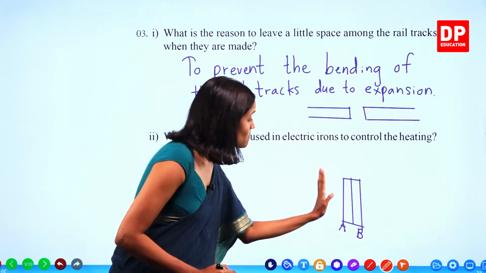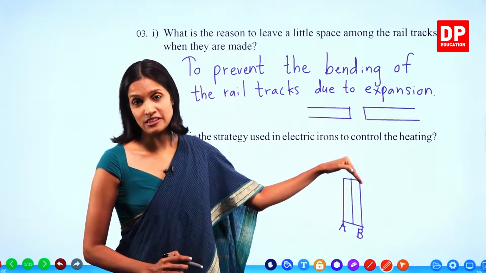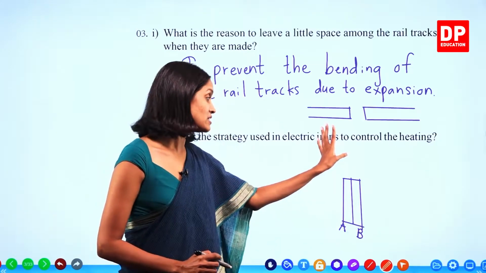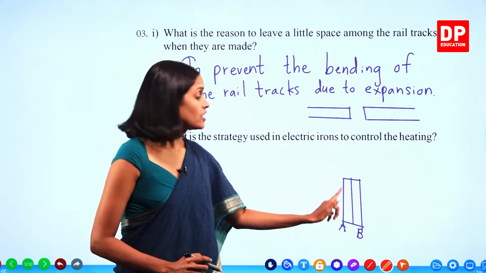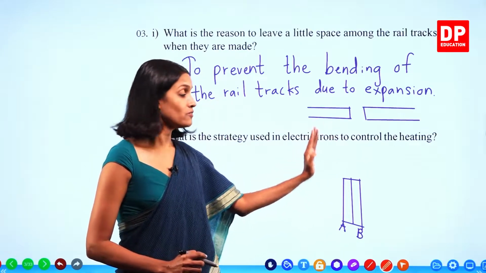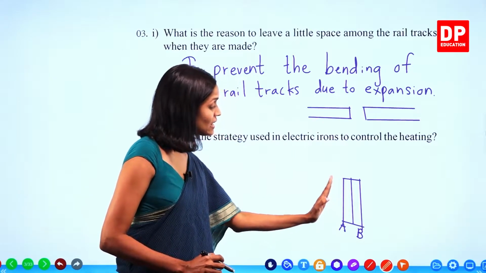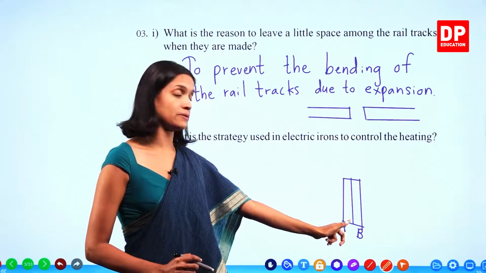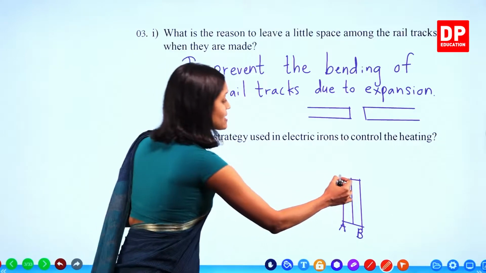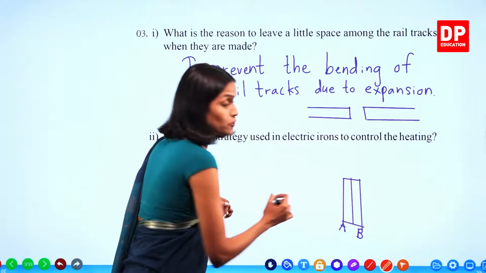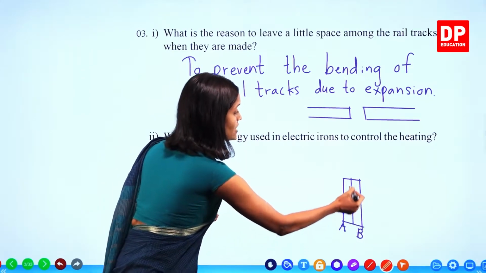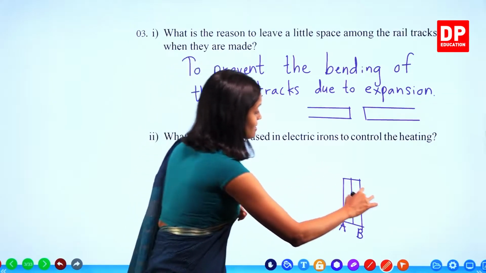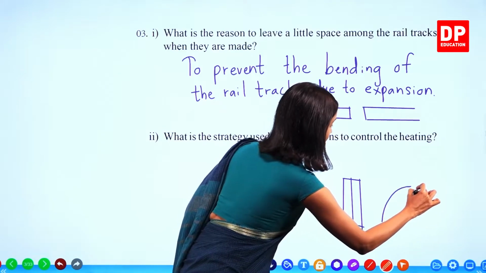So one of these metals expands more than the other one. So let's consider, when you consider A and B metals present in this bimetallic strip, if A expands more, which means by absorbing heat, A's length increases more than that of the B. Right? Now, because they are fixed from the top and the bottom, this cannot expand upwards. So when it expands, it takes a curvy shape like this.